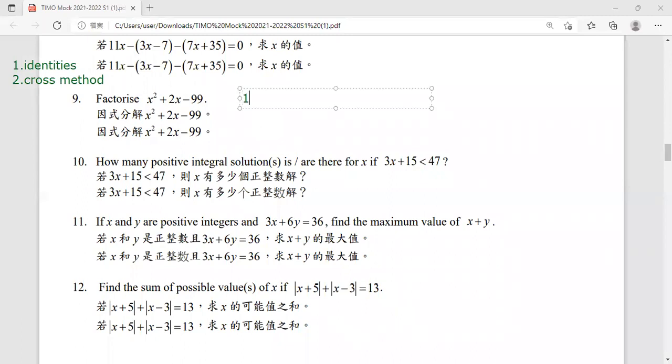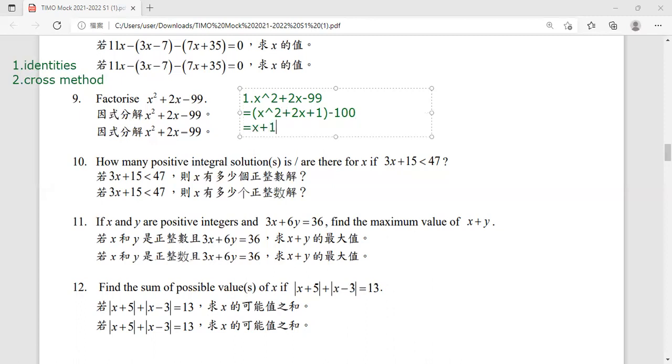First method. I will put something like this: x squared plus 2x minus 99. I will change this into x squared plus 2x plus 1 minus 100. Why am I doing this? Because I know that this in the bracket will be a whole square, if you are familiar with identities.